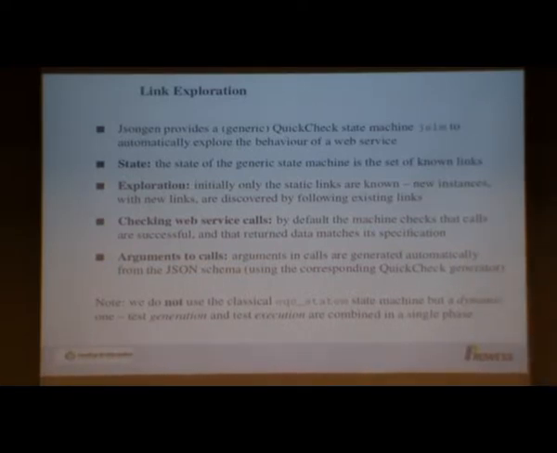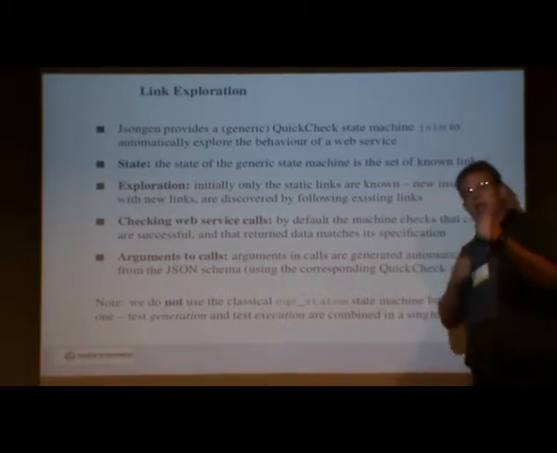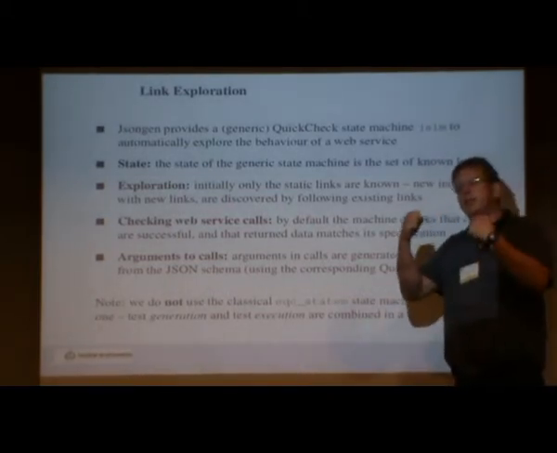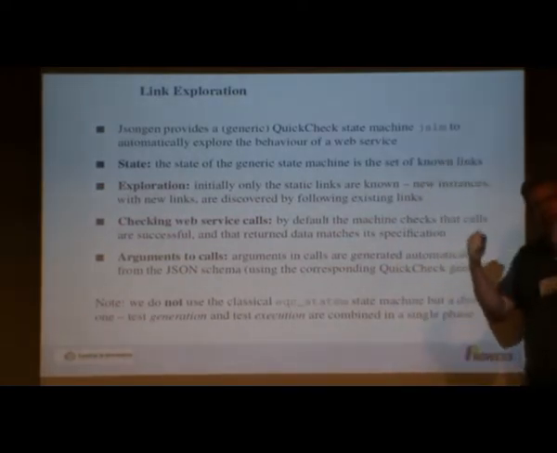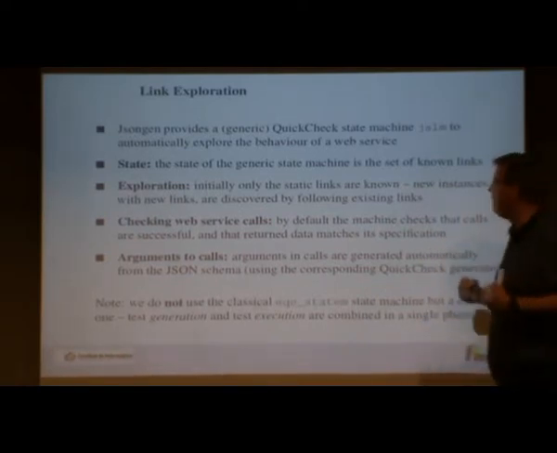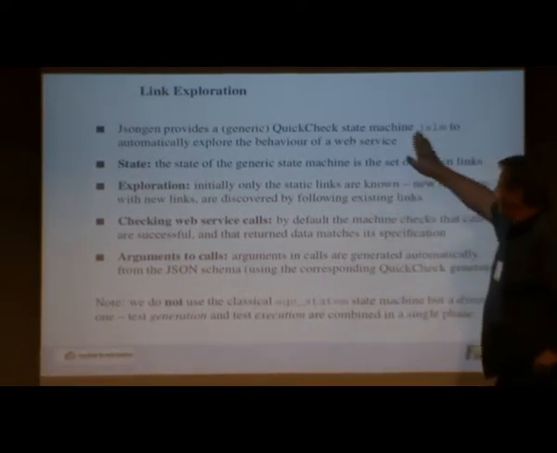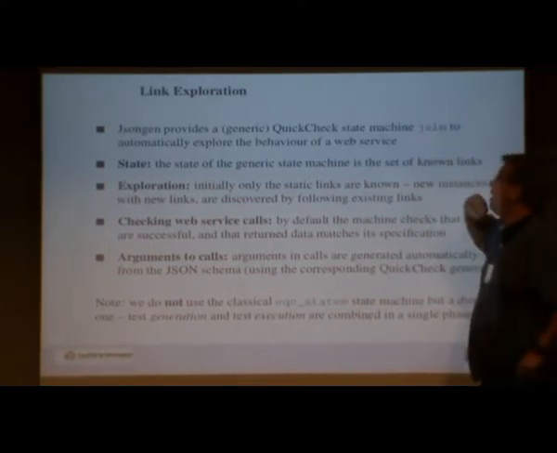And we use the link concept to design a state machine that systematically explores all links that are documented in the schema. By adding more or fewer links to the schema, you can control what the state machine is going to do. So we provide a generic state machine for JSON.